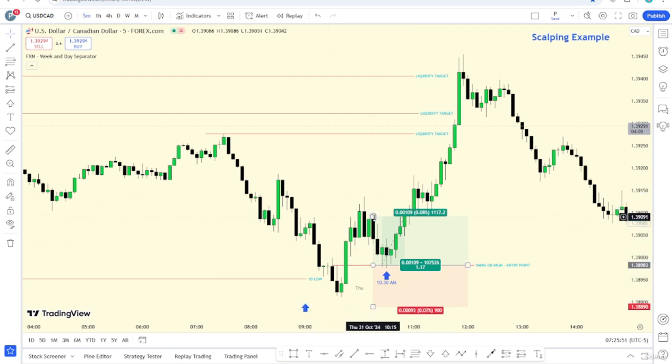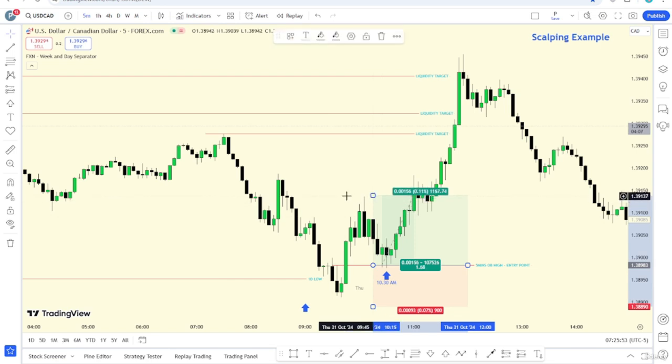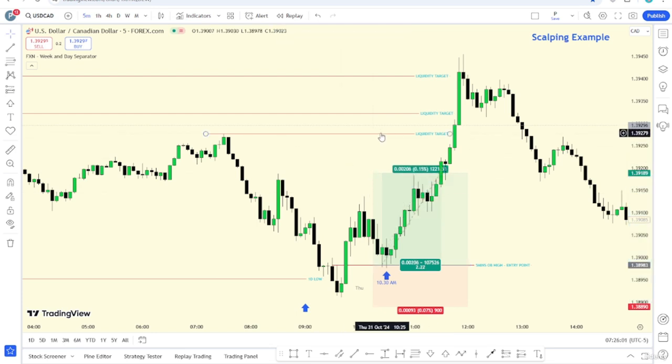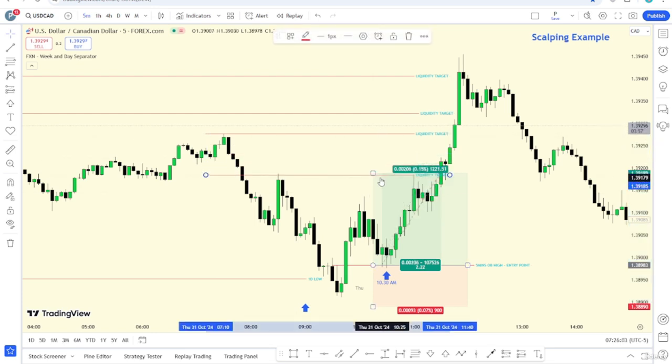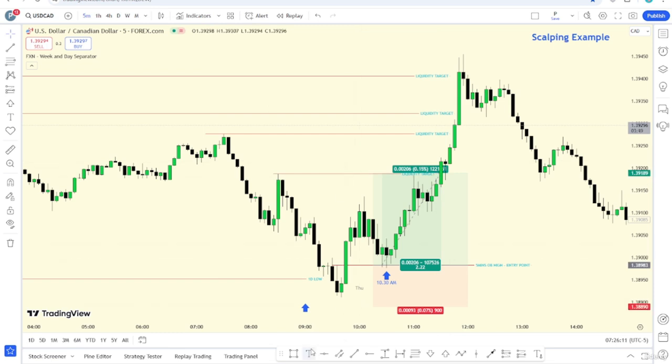You can see we had this high here, which is also a good near-term objective. I'd say this was a very good liquidity objective to take partials. This high right here within the 5 minutes chart is a good liquidity target, so I recommend that at such a high you take partials.